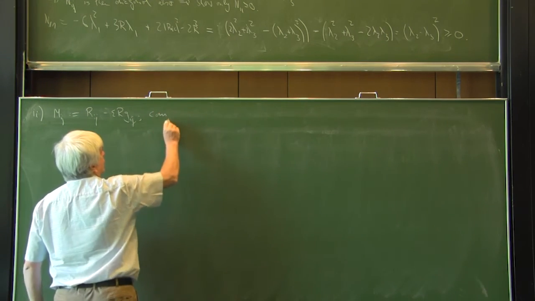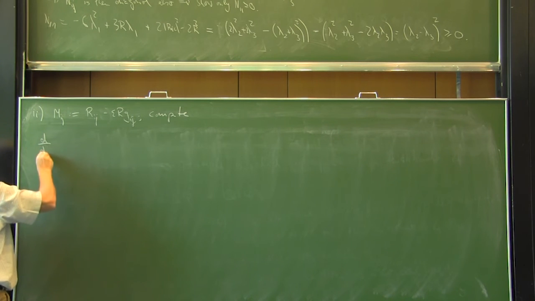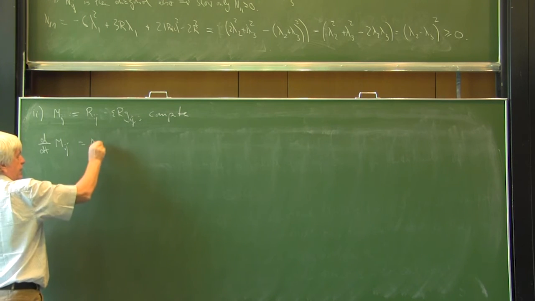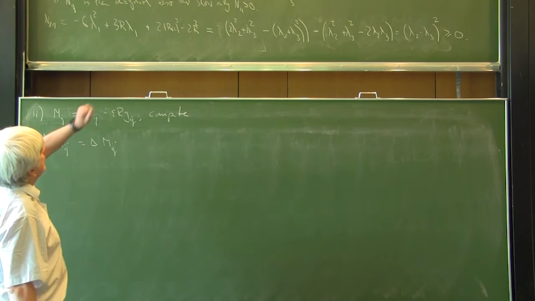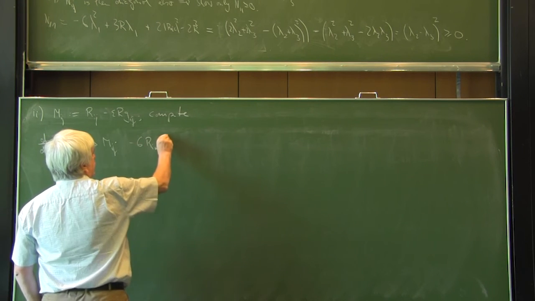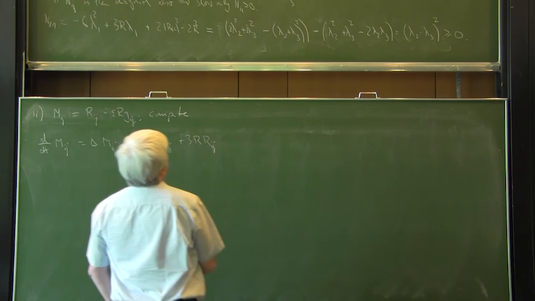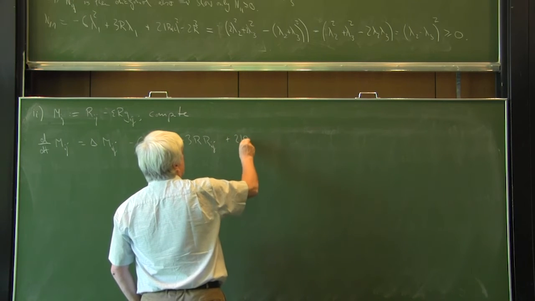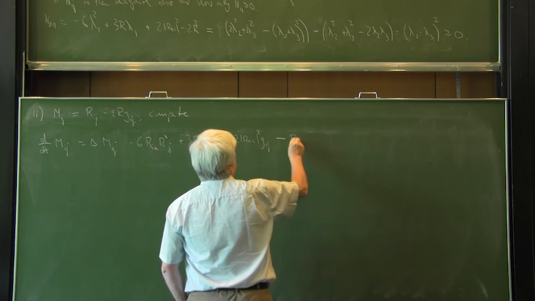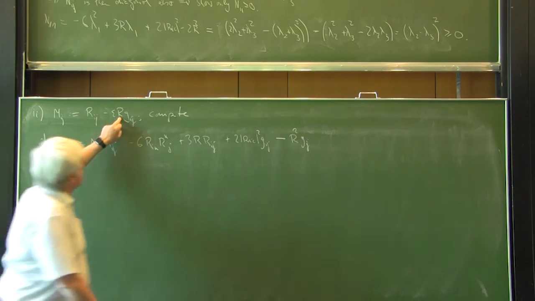And then we compute using the evolution equation of Rij and R to get Laplacian Mij, and then we get the same term that we just had, minus 6 Rik Rkj plus 3R Rij plus 2 Ricci squared Gij minus R squared Gij.